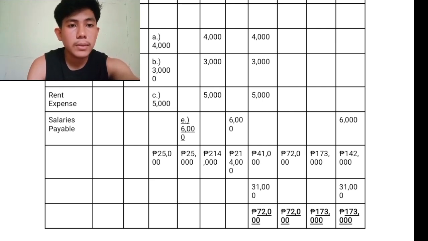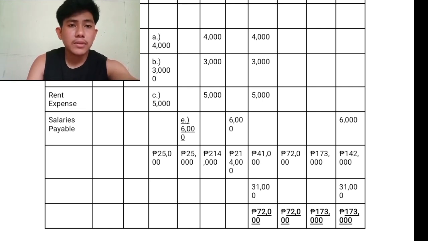So the total debit is 41,000 and the credit is 72,000. So we subtract both amounts, and their difference is 31,000. That means that we have gained a profit of 31,000.